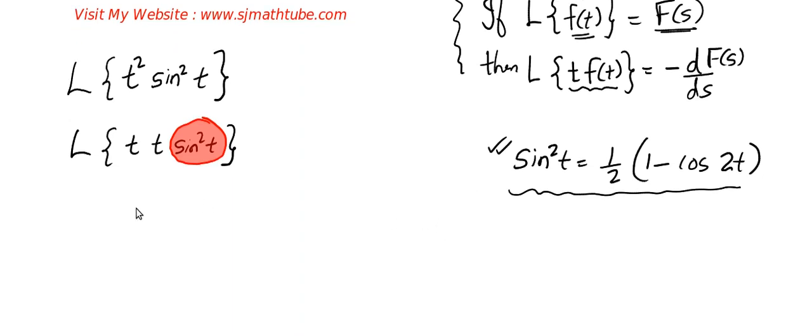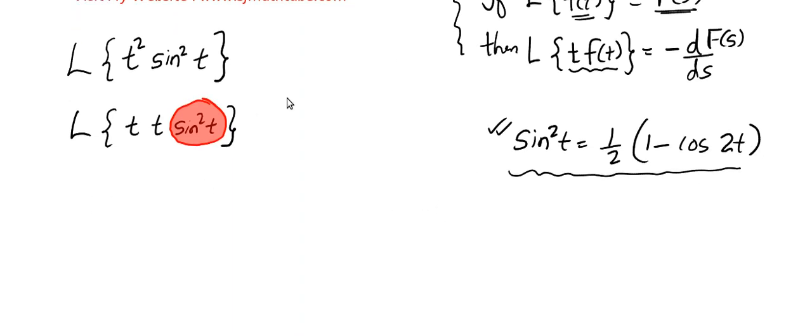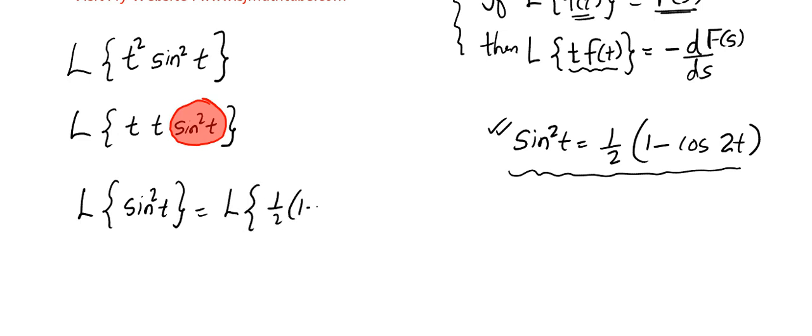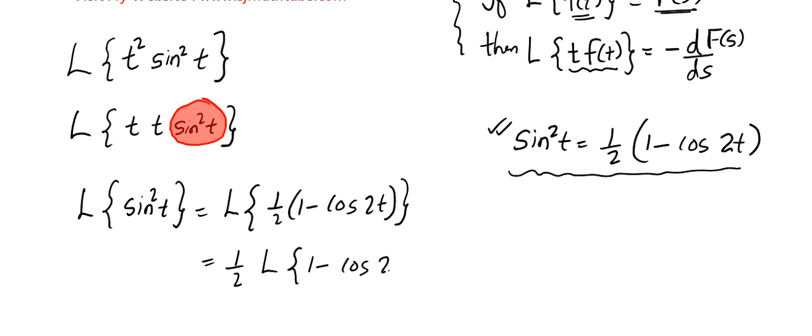Okay, now what I do is I start with Laplace of sine square t, and that will be equal to Laplace of 1 by 2 into 1 minus cos 2t. Laplace is basically integration, so you can take this constant outside. So we get 1 by 2 Laplace of 1 minus cos 2t.